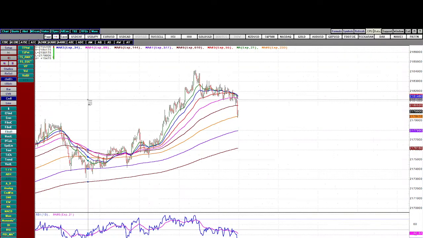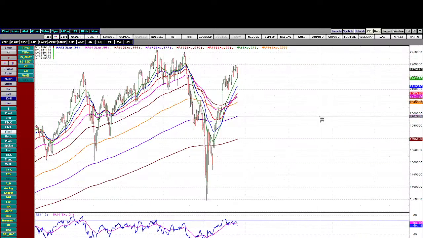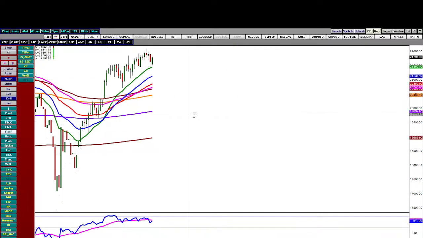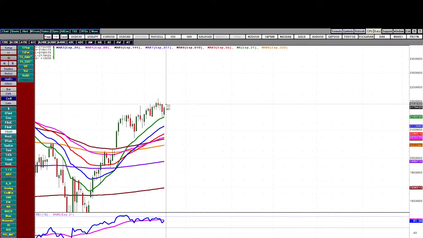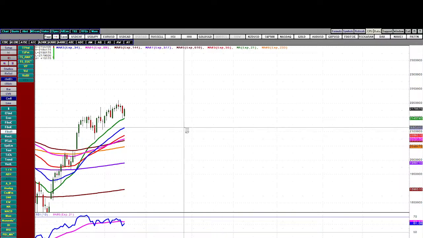Okay, the Nasdaq. What is happening with the trend and the price action? What we are seeing now is we are expecting the price to break lower. We have seen a temporary or short-term high. We expect the price to break lower, and we should not see the price going above 21,910 or 21,980.